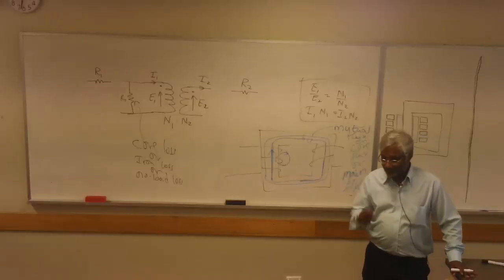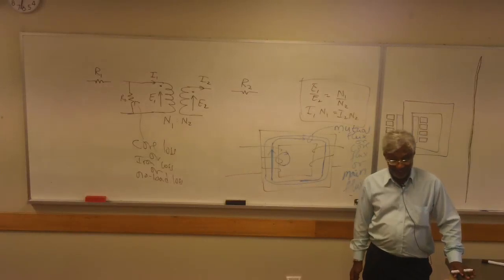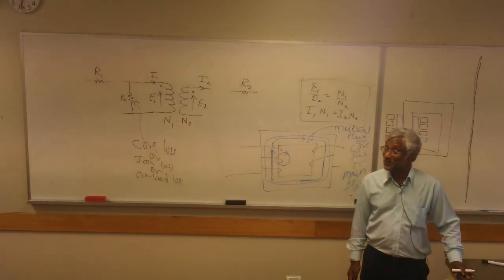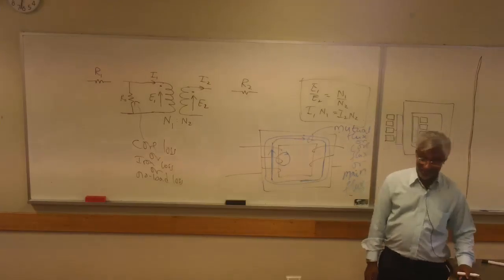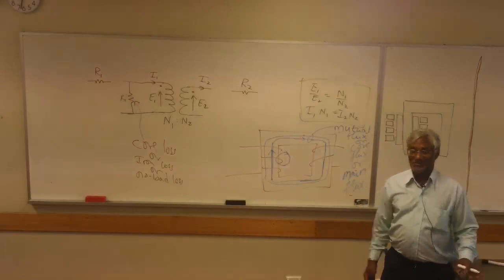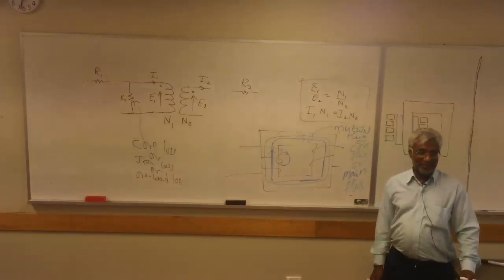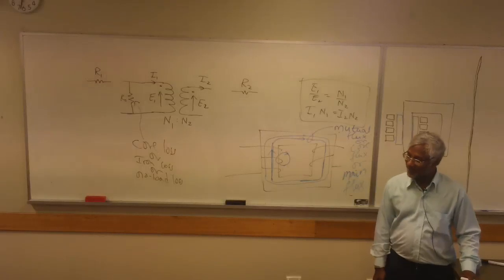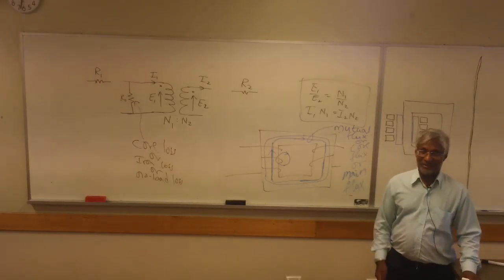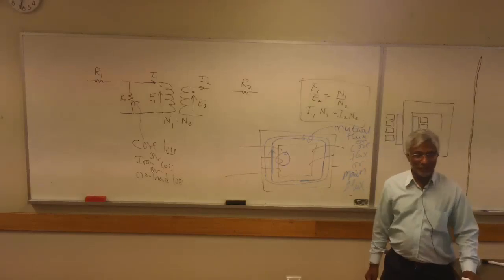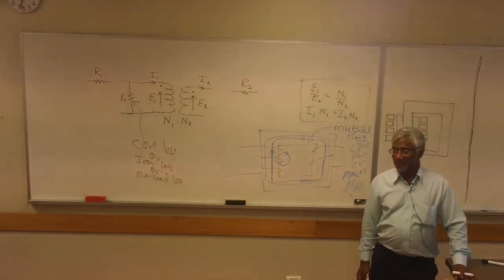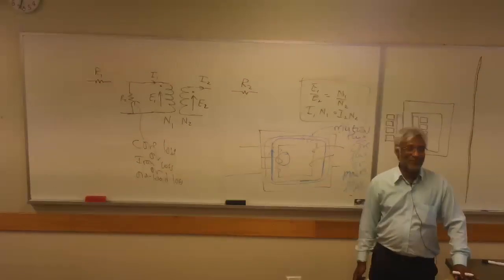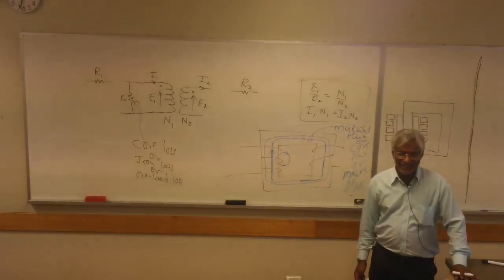And you might go to an interview one day, and if you have people a bit like me on that interview panel, I might say, how much more permeable is iron compared to air, typically? In other words, what is the relative permeability of iron typically?